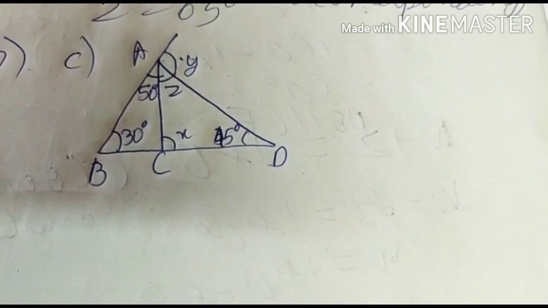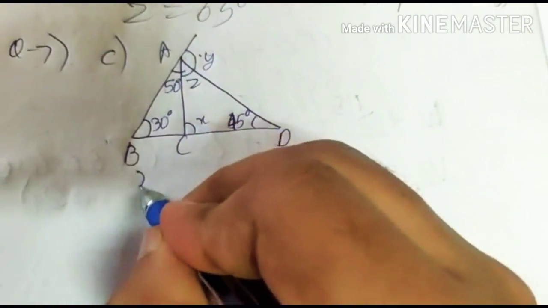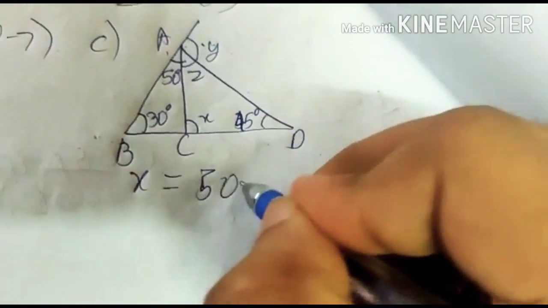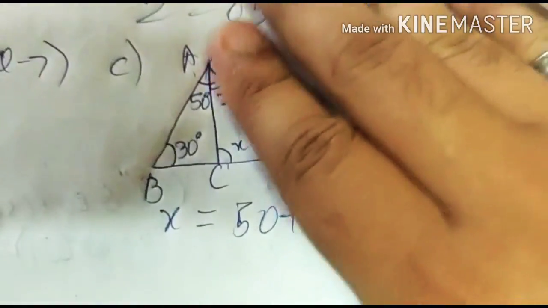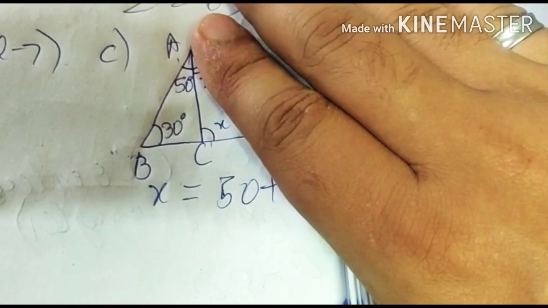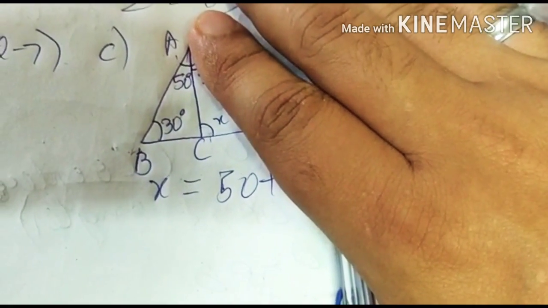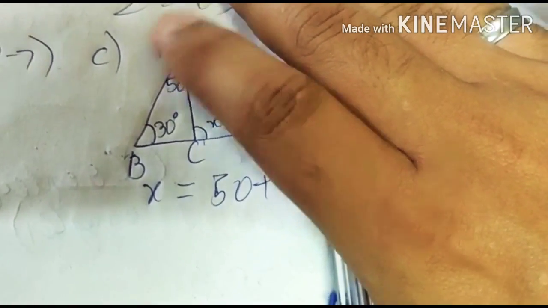Our next question is this. We have to find the value of x, y and z here. So if we see angle x here, it is equal to 50 plus 30. How? Look, ABC is a triangle and x is an exterior angle to the triangle ABC, and 50 and 30 degree are the interior opposite angles.